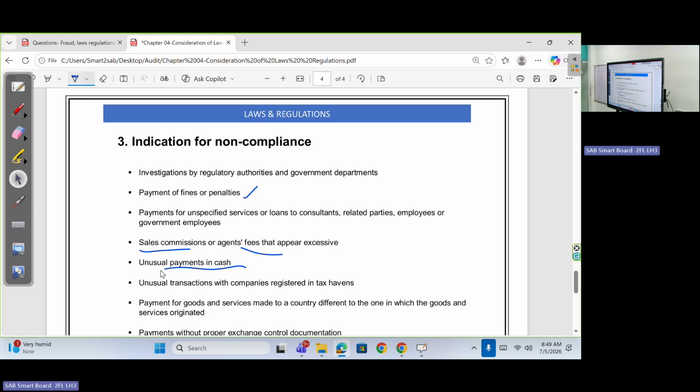If you pay it to the bank, that is okay. The bank captures transactions of five lakhs or more.